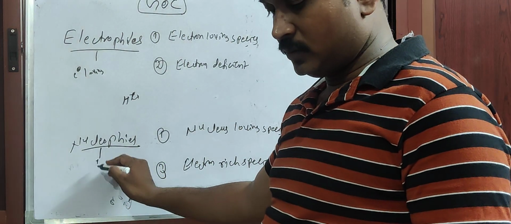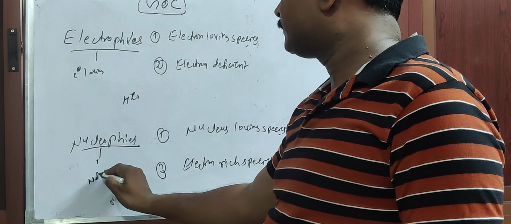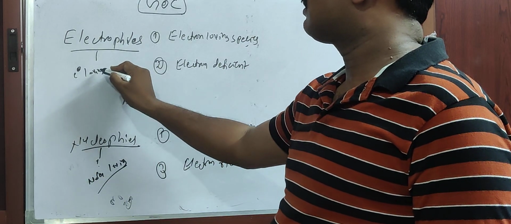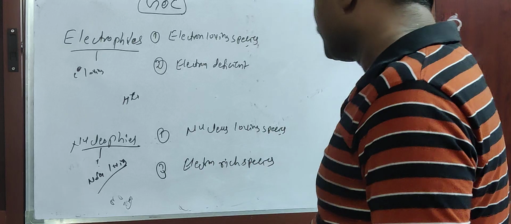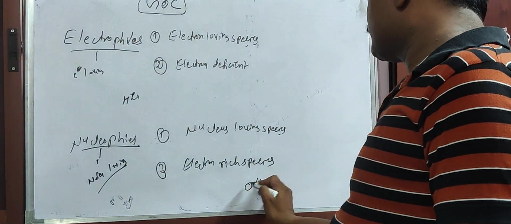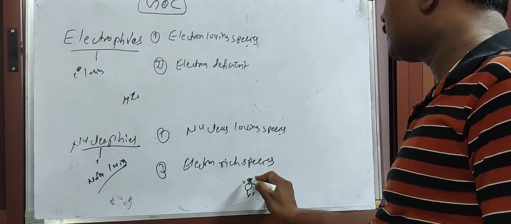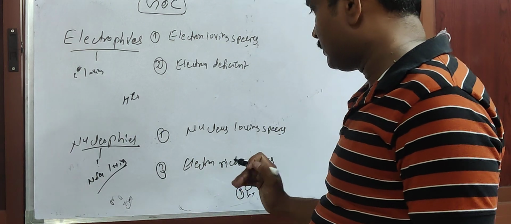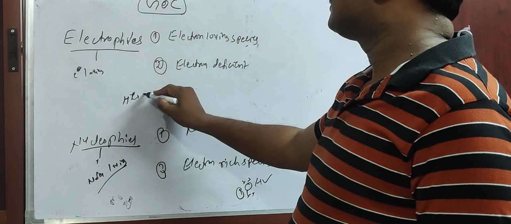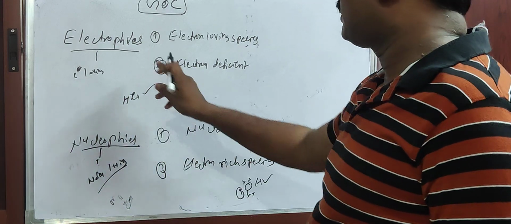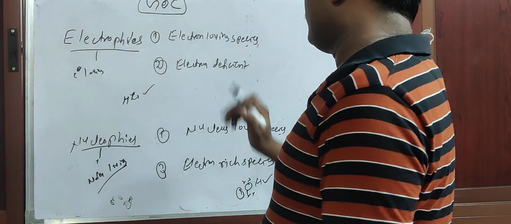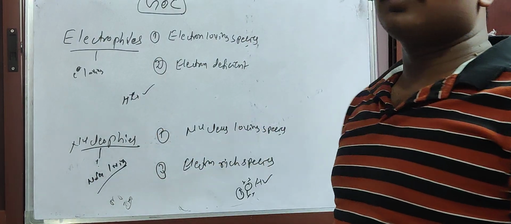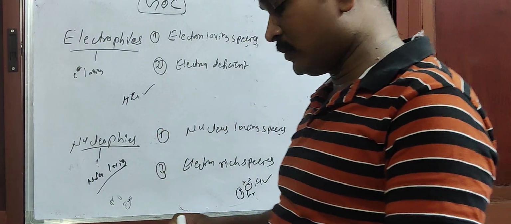For example, if you take OH minus, this is having a negative charge, this is a nucleophile, and this is an electrophile. Electron loving species are called electrophiles, electron deficient. Nucleus loving species are called nucleophiles, and these are electron rich species. This is one of the examples.